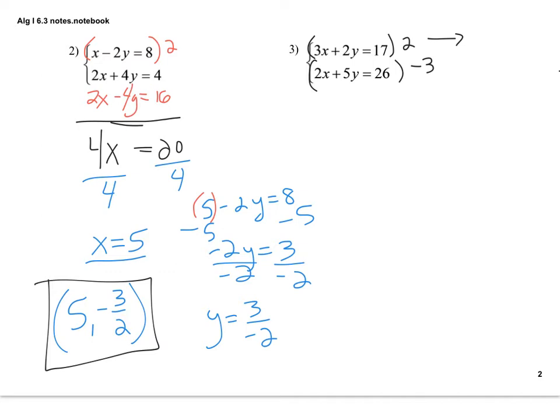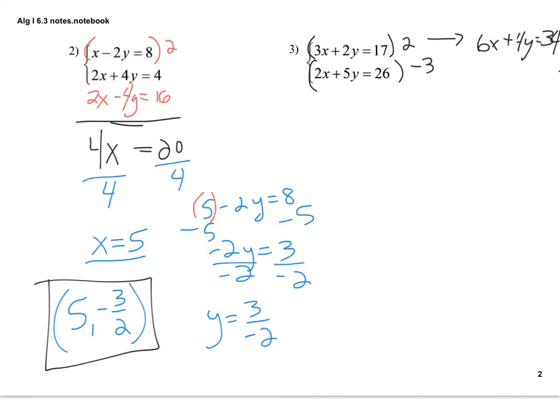When I multiply the top one by 2, I get 6x plus 4y is equal to 20 plus 14, so 34. Did I have enough room there? I think so. 6x plus 4y equals 34. Let's get a better looking plus sign right there.